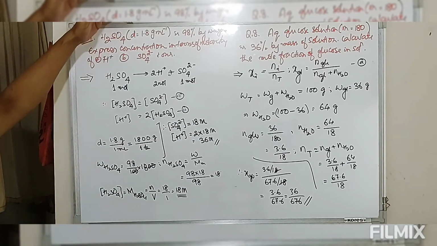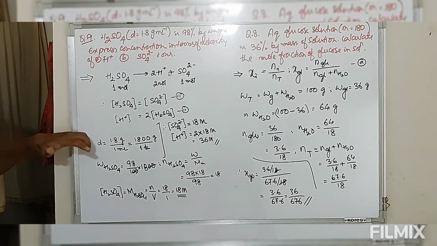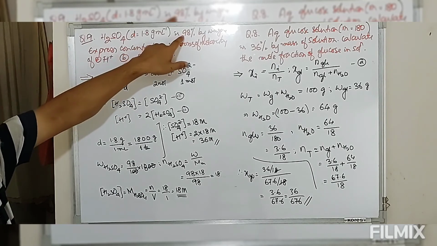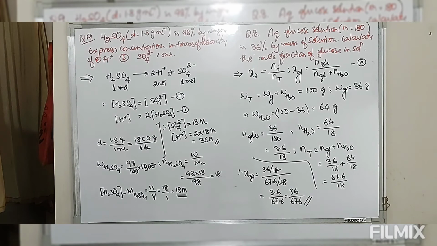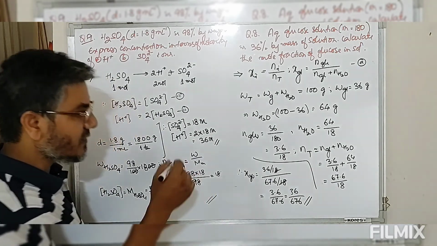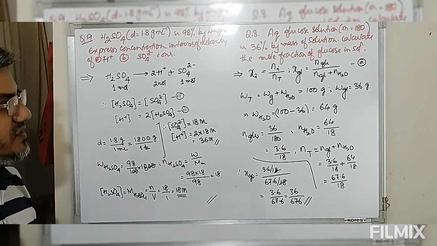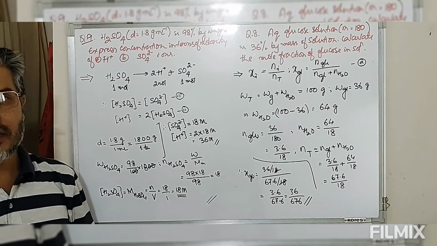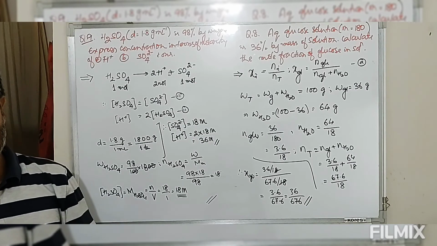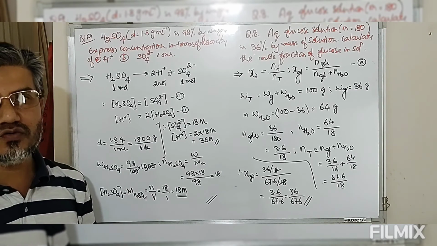Then from the density we define the mass of solution. From this mass we define the mass of sulfuric acid, which is nothing but 98% of the total mass. So this is how we proceed. So in this video lesson I have shown you some typical problems by use of which we can solve problems related to concentration.